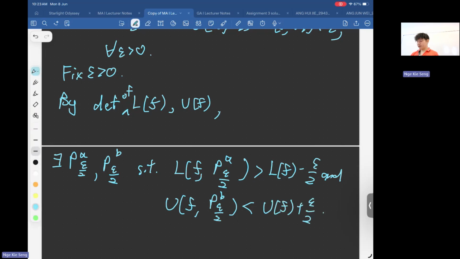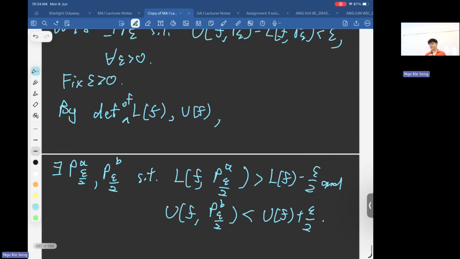There are a few things to see here. What property am I using about LF and UF? Remember the sup and inf property. And then I choose epsilon over 2. Why do I choose epsilon over 2? Later, I'm going to add two things together.